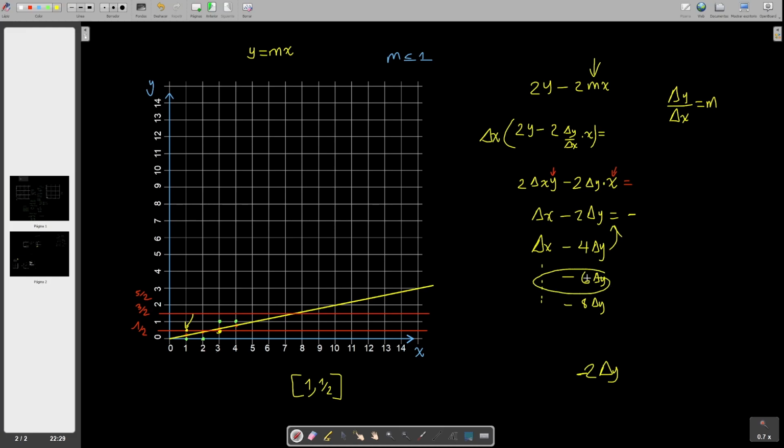And this is going to be that same previous result, but minus 2 delta y. So you just keep subtracting 2 delta y from the previous iteration result.